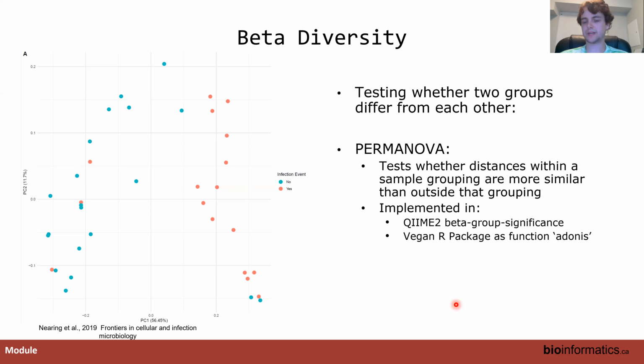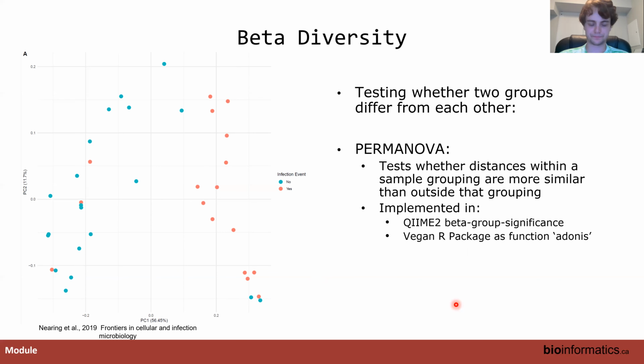This type of testing is implemented in QIIME 2 through the beta-group-significance plugin, which I'm sure you'll be testing out during the 16S tutorial, as well as in the vegan R package as the function adonis.